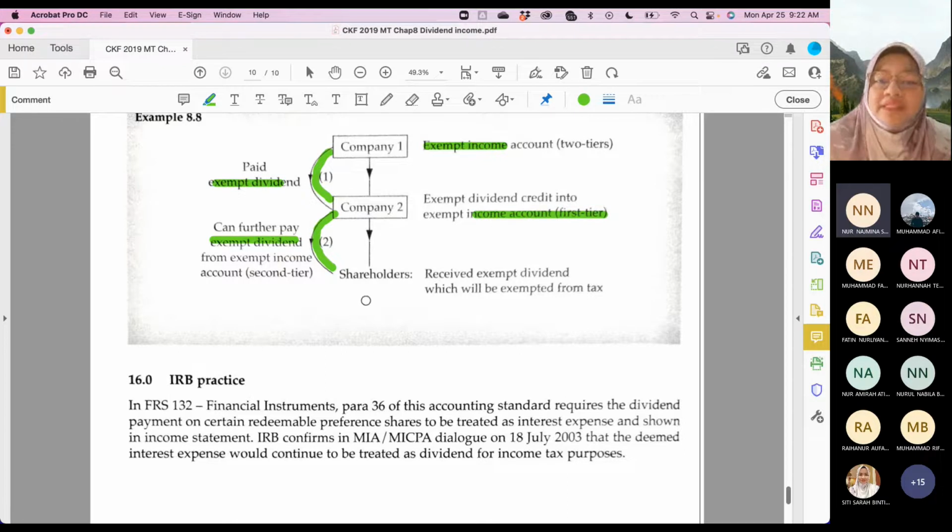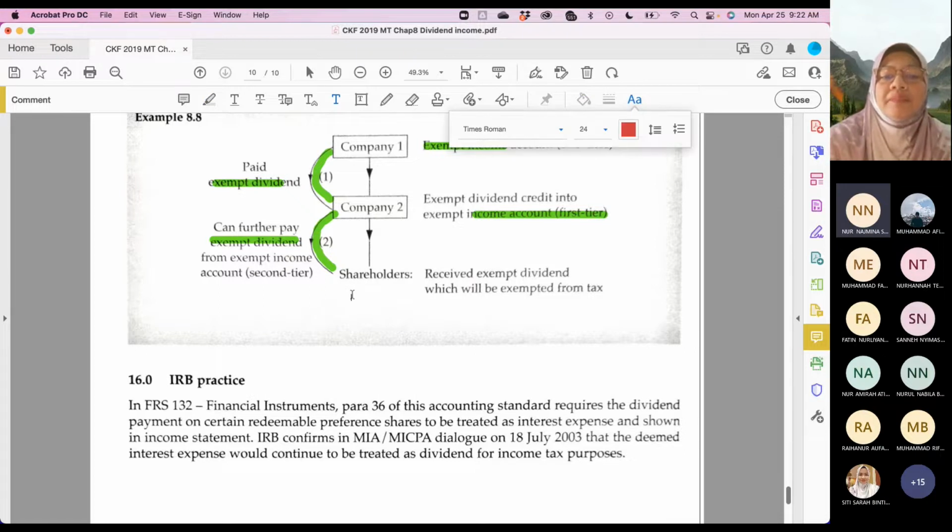So let's say we have company 3. When company 3 receives the exempt dividend, of course the money goes into the exempt account.